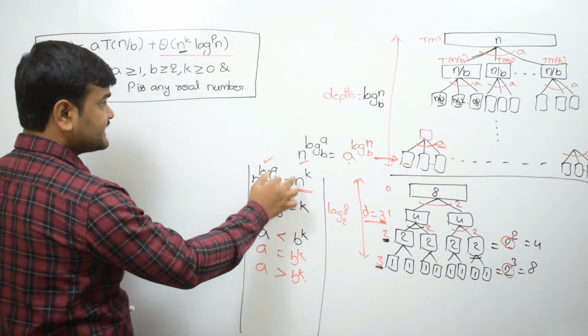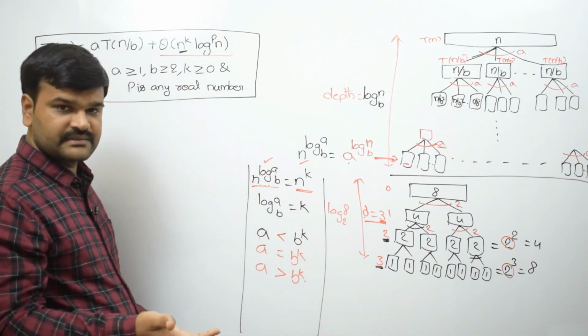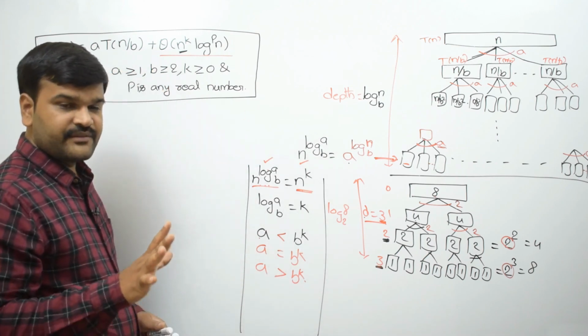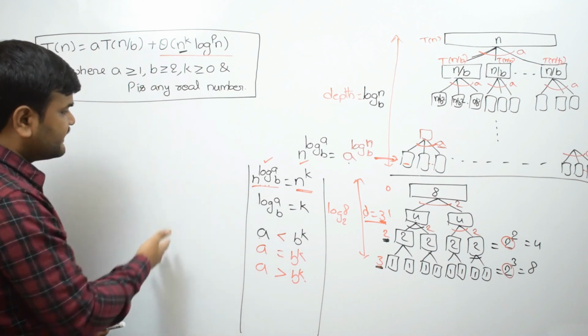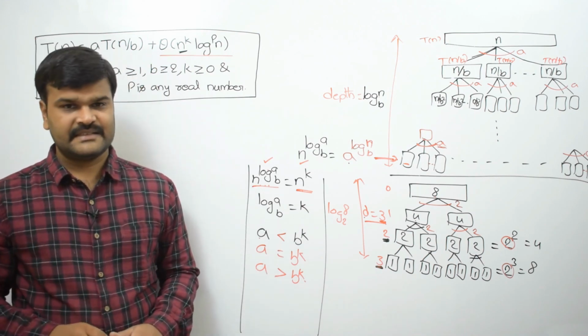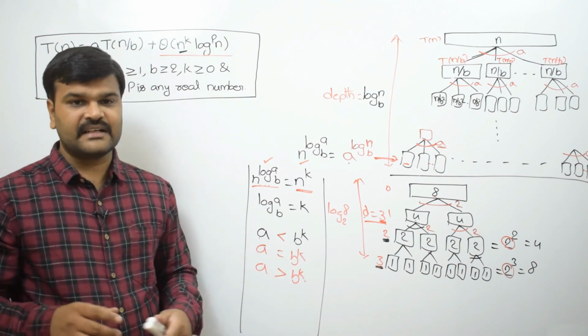This is the time complexity for either divide or combine or both, and this is the subproblems' time complexity. So if you understand it meaningfully, then blindly you can apply the master theorem on any recursive equation. That is why these three cases we are going to consider now.